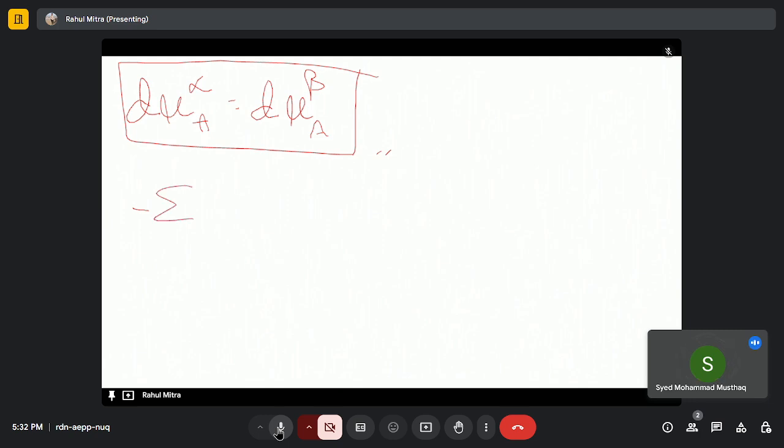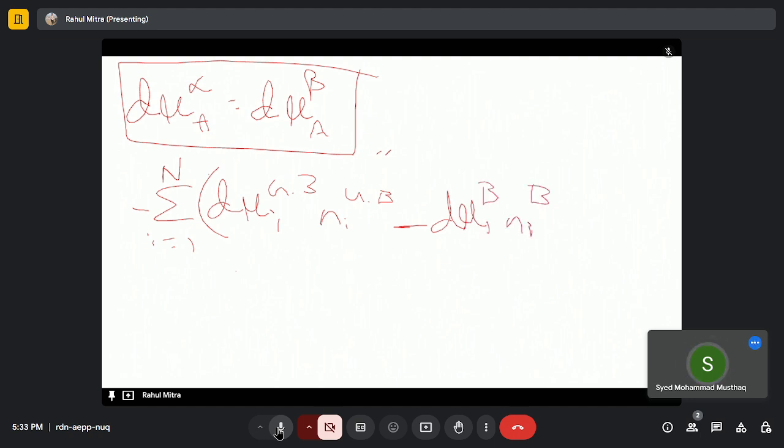Minus sigma i equals 1 to m d mu_i gv and i gv minus d mu_i bulk and i bulk a gv equals dA, the change in free energy, the differential of surface free energy.